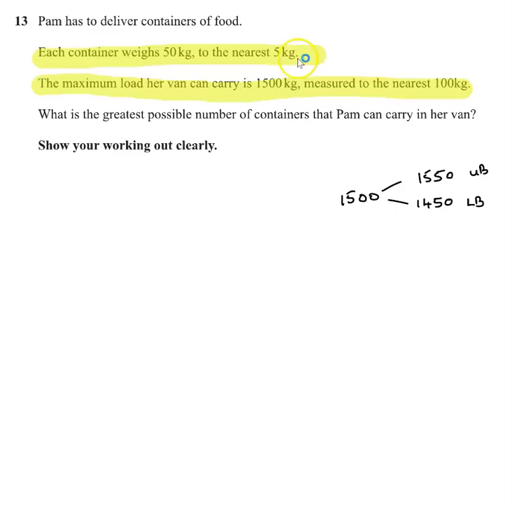So we need to add 2.5 to 50 and take away 2.5 from 50, and what we get is the upper and lower bound of the 50. So the upper bound is 52.5 and the lower bound is 47.5. And if you took away those two, you would come out with 5 kilograms.